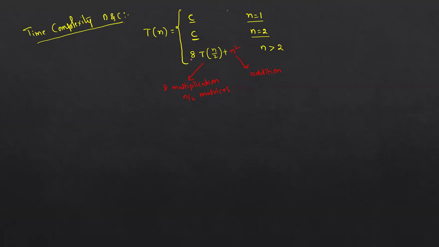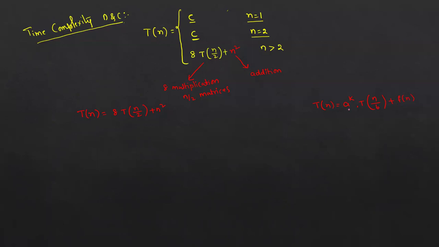According to Master's theorem, I am going to write this: T of n equals 8 into T of n by 2 plus n square. This is Master's theorem, which I am writing here: T of n equals a into T of n by b plus f of n. This is the equation.